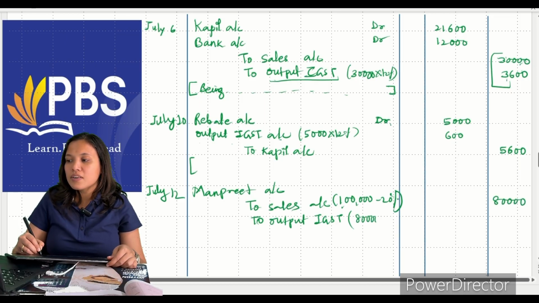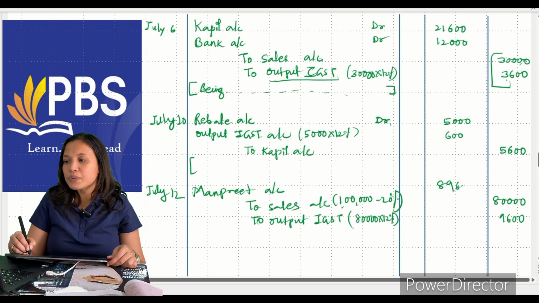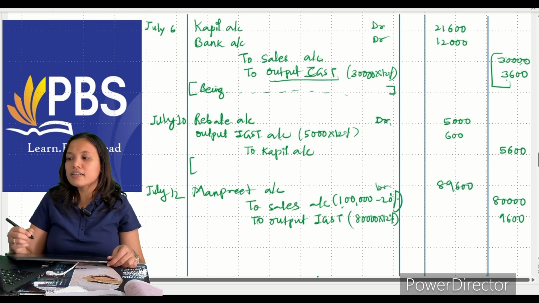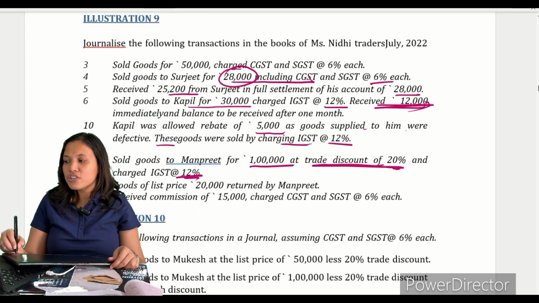Now 80,000 into 12%. So it will be how much? 12 8s are 9,600, and total will come down to 89,600. Clear? So please write down goods sold to Manpreet charged IGST at 12%. Okay?